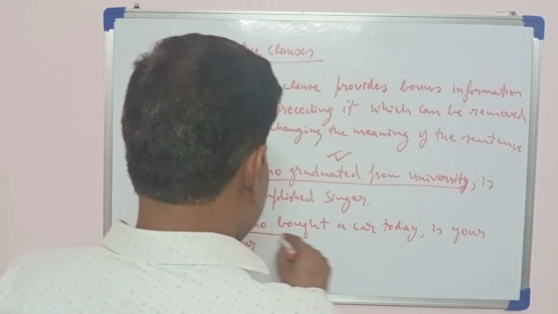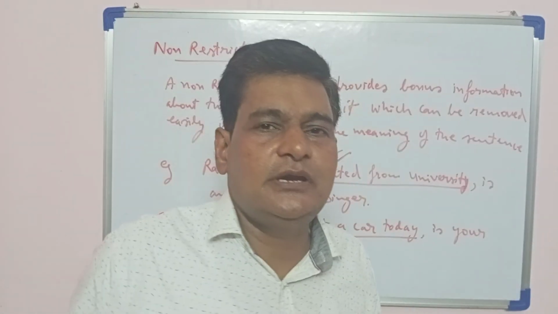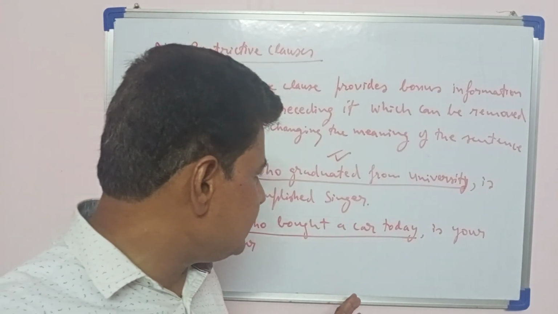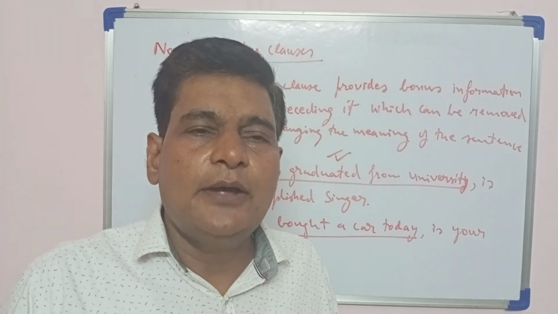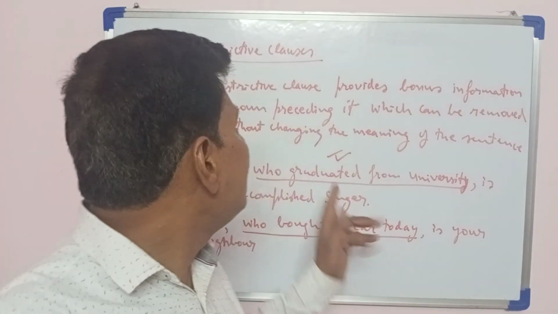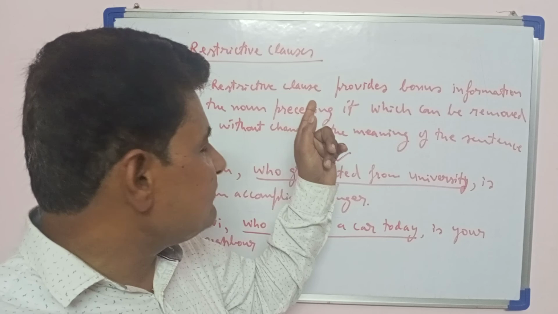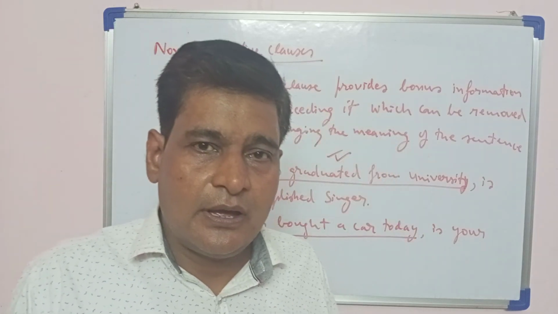So here you can see this is the extra information. You can easily remove it without changing the meaning of the sentence. So I hope you have understood the difference between non-restrictive clauses and restrictive clauses.